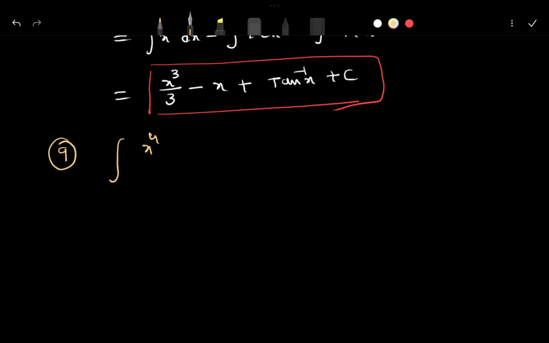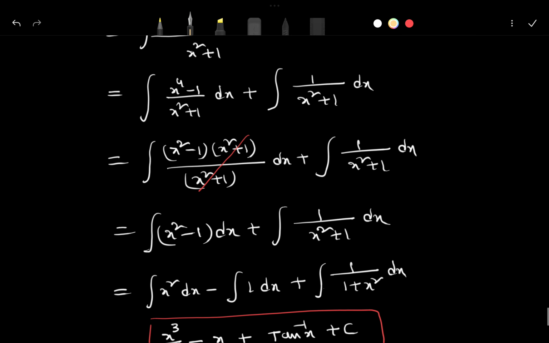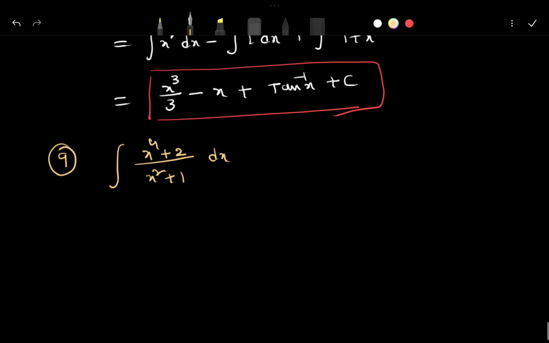Similar to that model, this problem you can also do. You can write this integral as x to the power of 4 minus 1 plus 3, whole divided by x square plus 1, into dx.